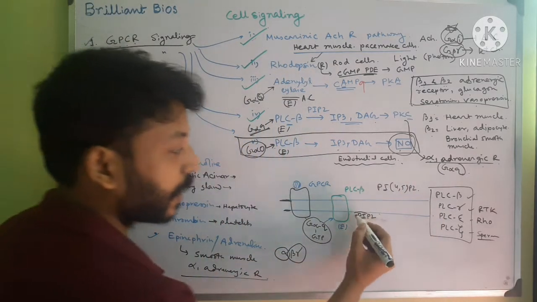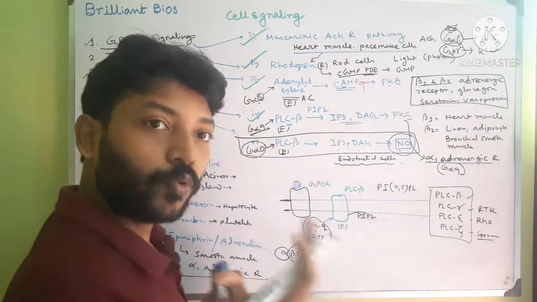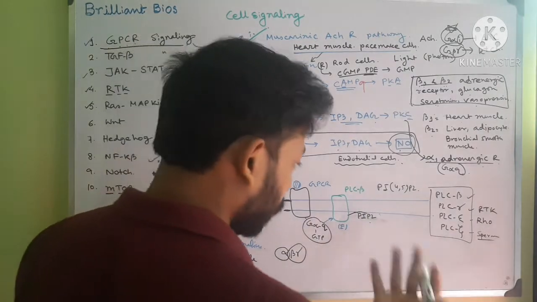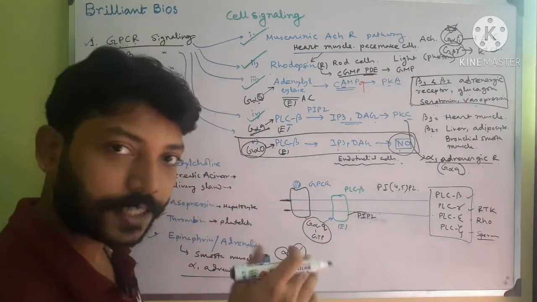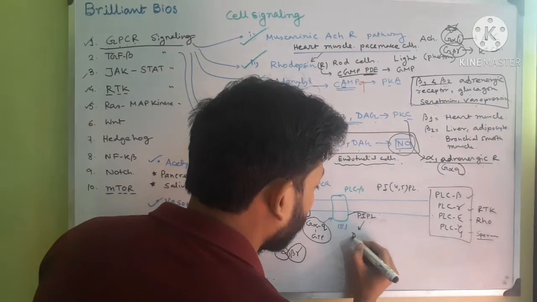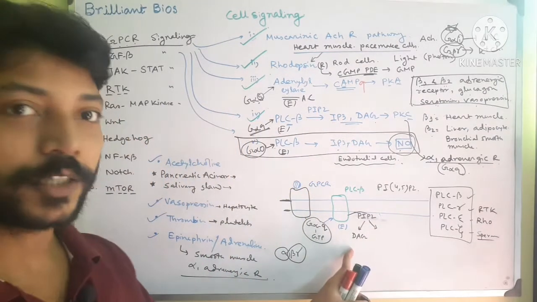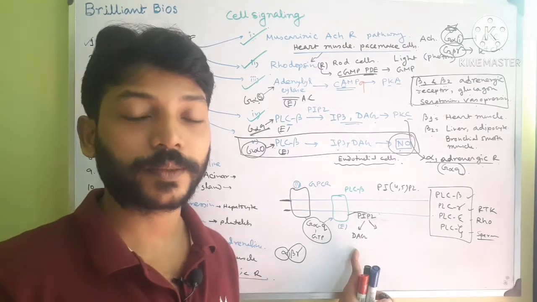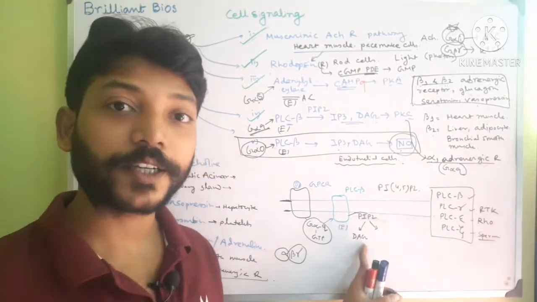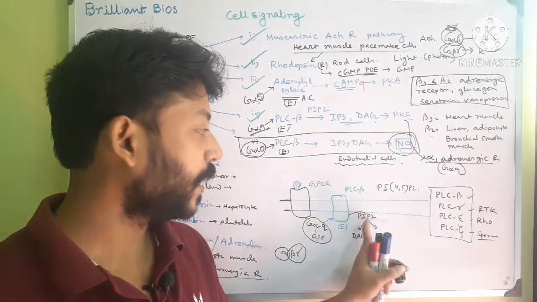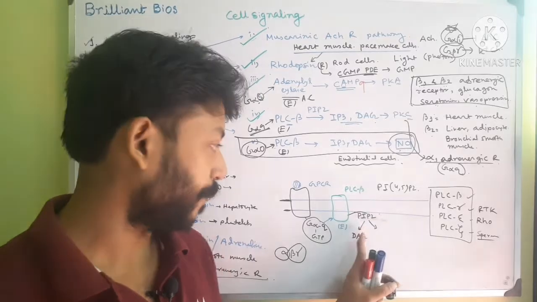When PLC beta digests this PIP2, it makes two products. One is called DAG, diacylglycerol. Why is it called diacylglycerol? If you have watched my plasma membrane class, you must understand, because PI, phosphoinositol, is a phosphoglyceride, a component of the plasma membrane.